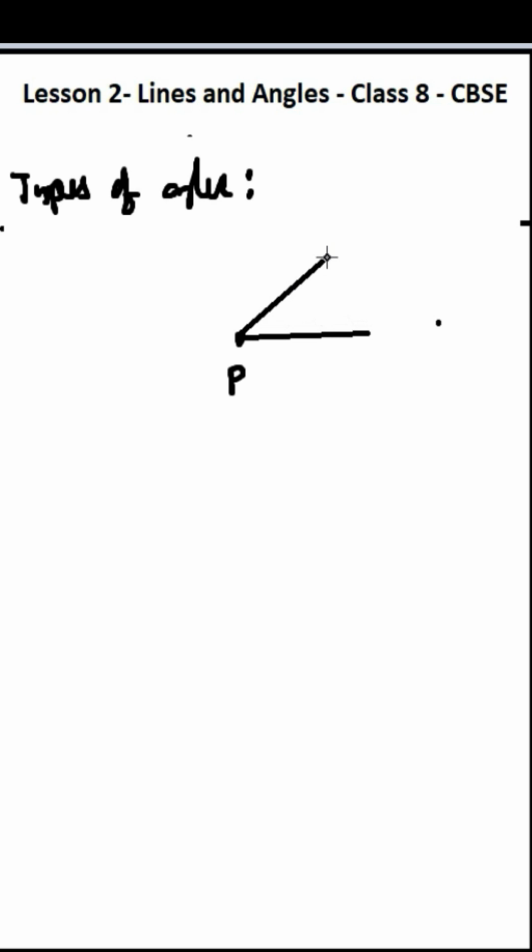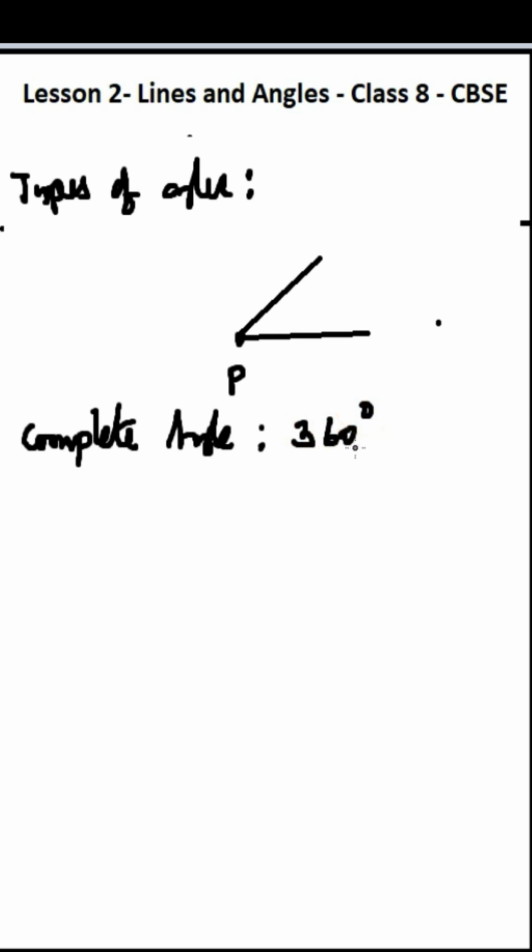So in one round we will have 360 degrees. That 360 degrees we call a complete angle. Okay, so that is the angle at a point.